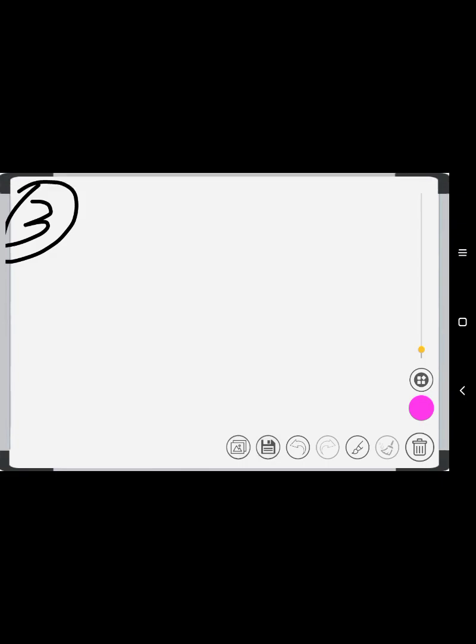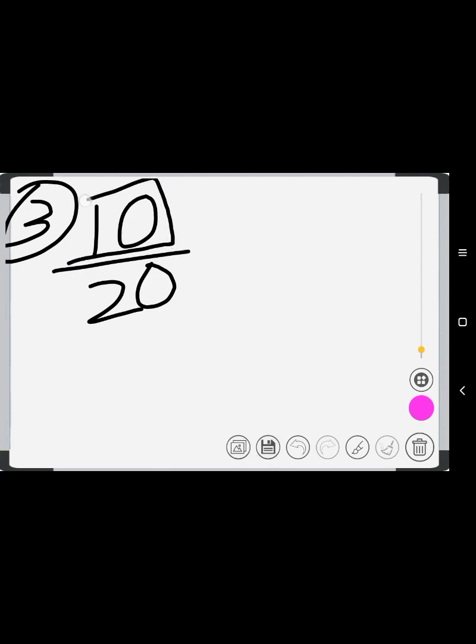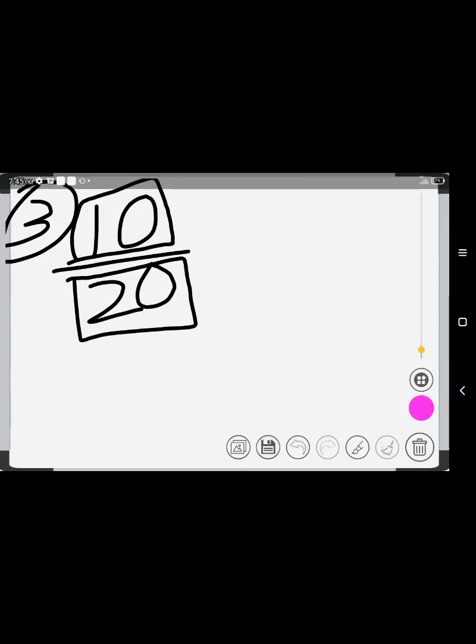Number 3. So, let me think about this. 10 out of 20. How many times can 10, the numerator, go into 20? 10 times what gives you 20? I will show you this trick. Anything times 10 or 100 or 1,000 or 10,000, well, I will put it in the description.